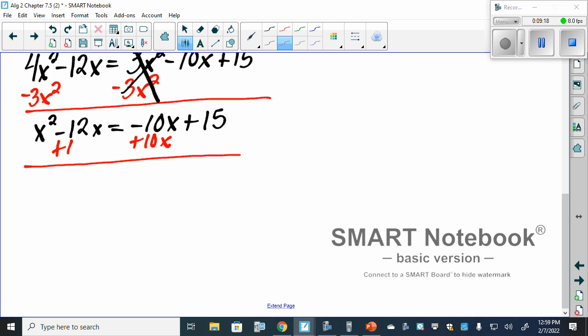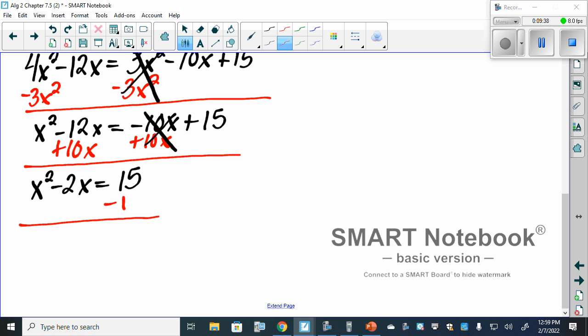We can add 10x to both sides, because we do need everything on the same side, and negative 10x plus 10x would be 0. On the other side, we're going to have x squared minus 2x is equal to, so last but not least, we need to subtract 15 from both sides, which will finally get everything on the same side of the equal sign. x squared minus 2x minus 15 is equal to 0.